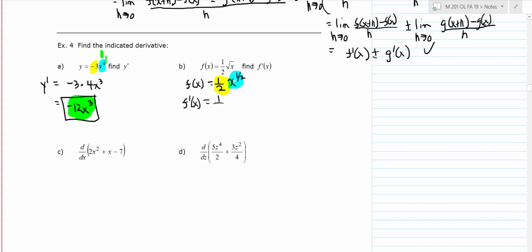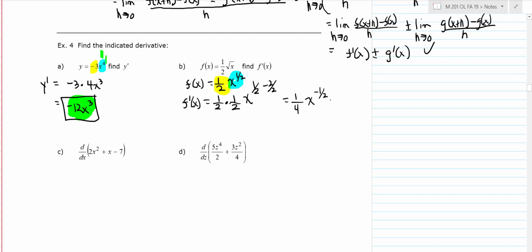So you write down the 1/2, multiplied, then you do the derivative of this guy right here, so that's 1/2 x to the 1/2 minus 1, like I showed you earlier, and then this is going to give you 1/4, when you multiply that, times x to the negative 1/2.